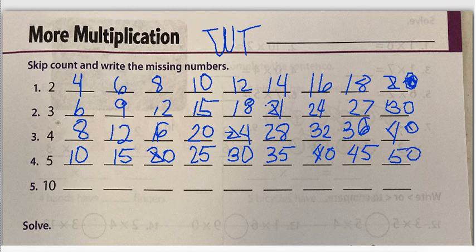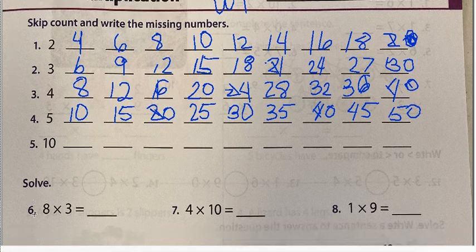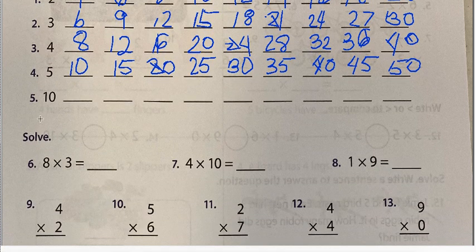Now our last number here, only in this portion, we have what? 10. We skip count by 10. We have 10, 20, 30, 40, 50, 60.